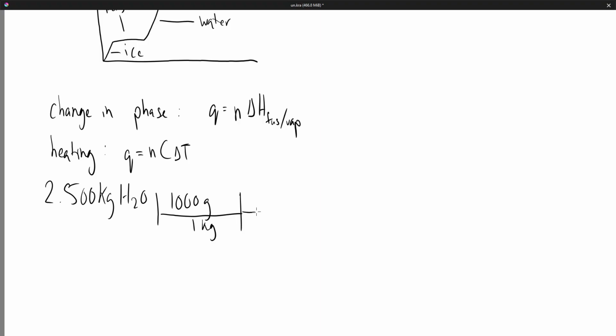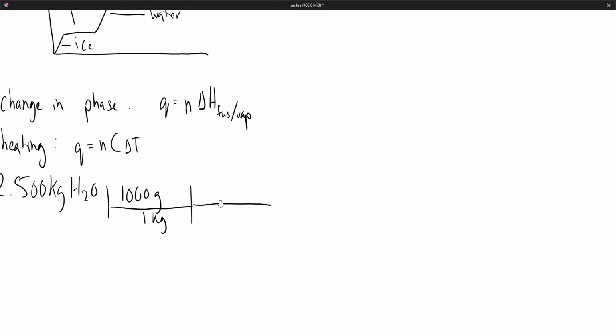Then from there, you use the molar mass to convert into the number of moles. So I think it's 18.015 grams of water for 1 mole.